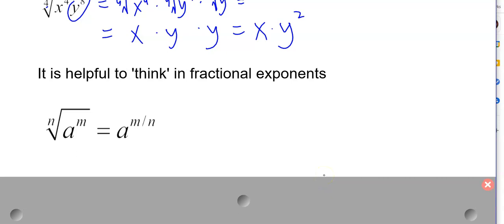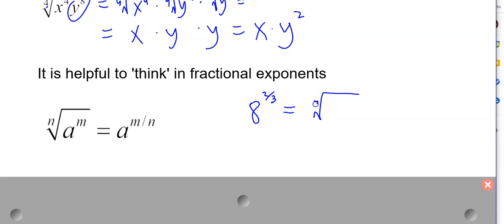So it might be helpful to think in fractional exponents. I don't know if we've mentioned this before, but this is the index or root out here, the n, out there to the left of the radical. This m is the exponent. When you have a fractional exponent, a rational exponent as it's called, you can write it like that. So if you saw something like 8 to the 2/3 power, that is the same thing as, in radical form, the denominator is the index.